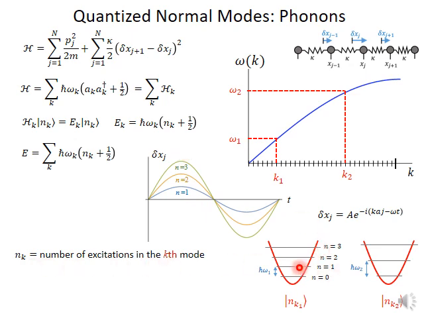So nk is a quantized representation of the amplitude of the displacement of a particular atom within a mode.